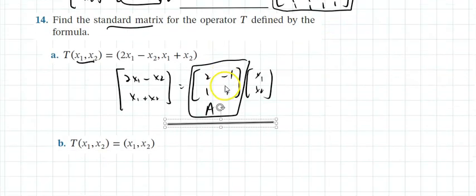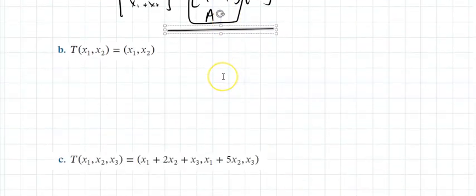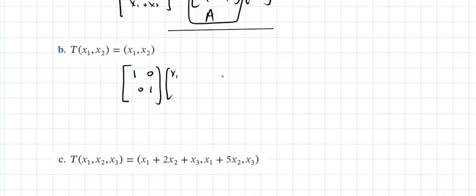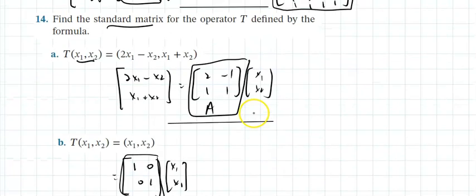And how about in B? What do you think that is? If I look in B, keep in mind how this works. This is really 1, 0, 0, 1 times x1, x2. There's A. You could write them this way or you could write them this way.